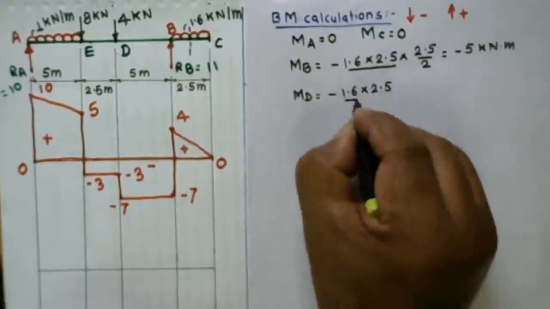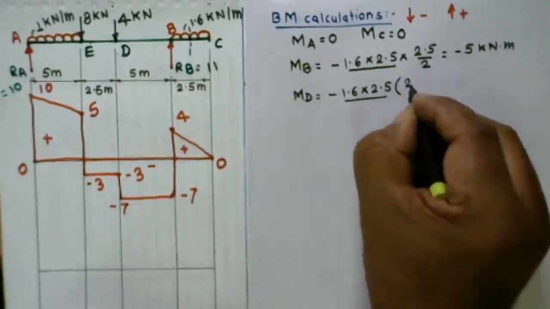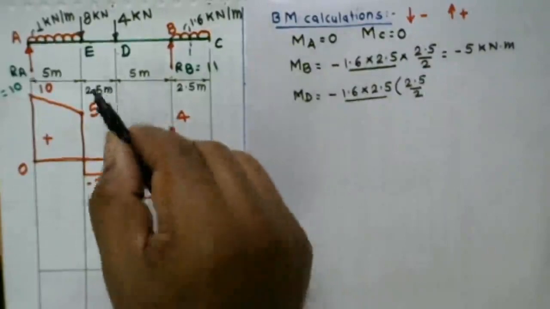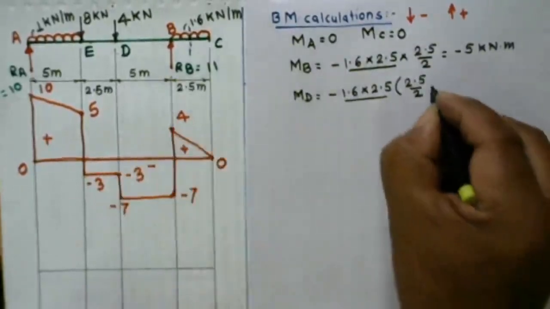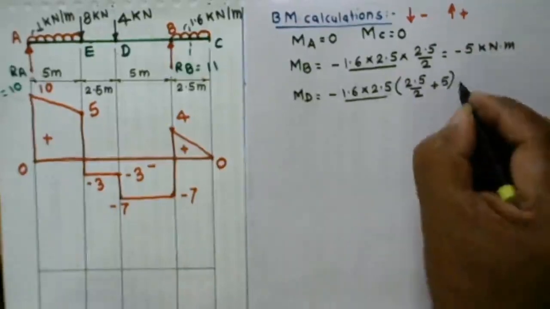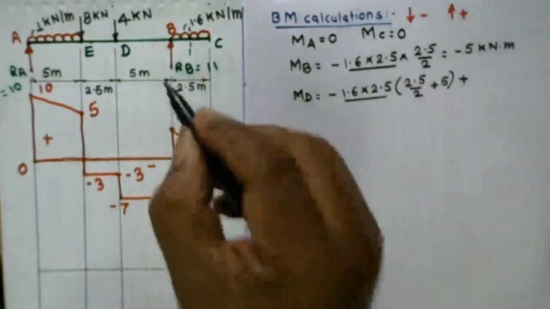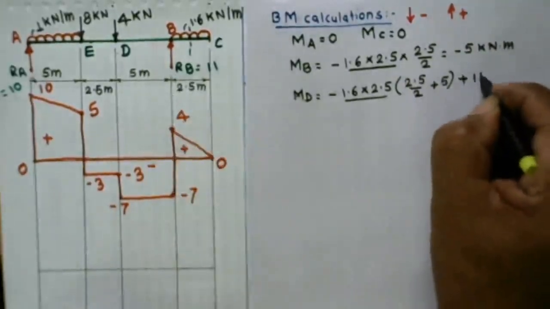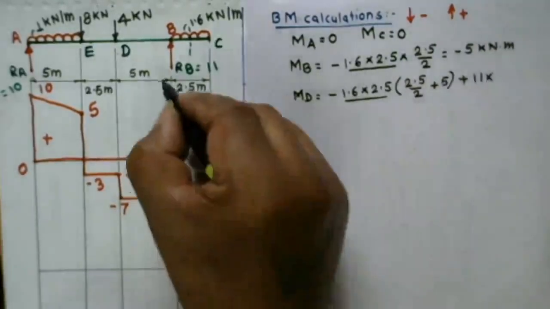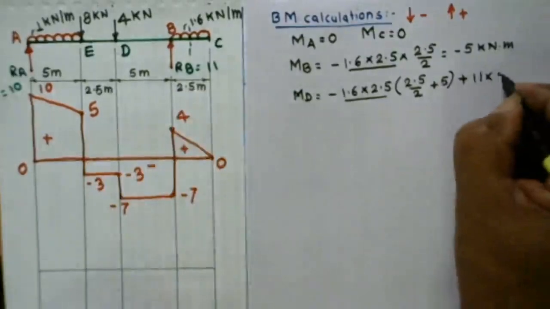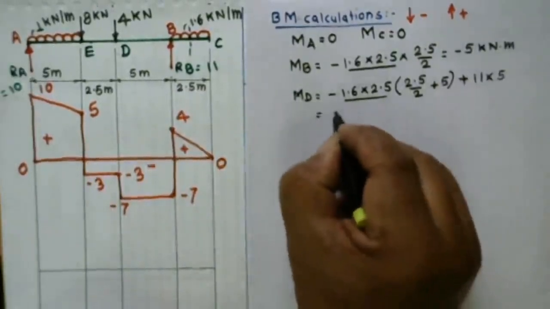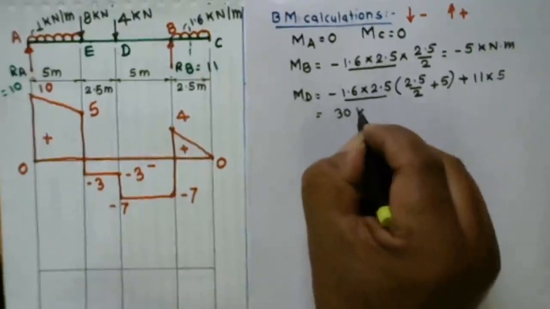This becomes a UDL acting at its center, so 2.5 by 2, but we are taking the moments up to the point D. So here we have to add plus 5 plus 11 kilonewton. That moment is anti-clockwise, 11, and its distance up to the point D is 5. So this becomes 30 kilonewton meter.